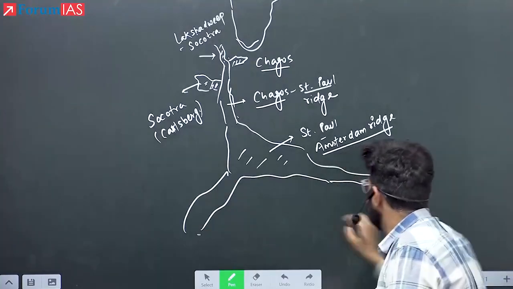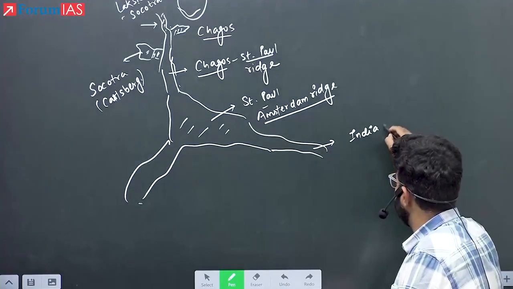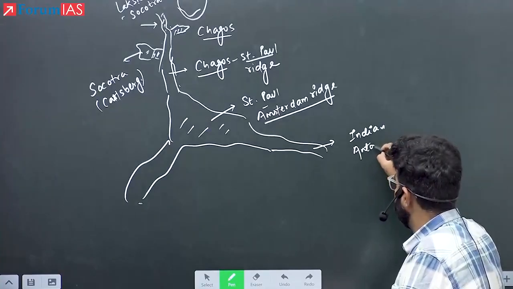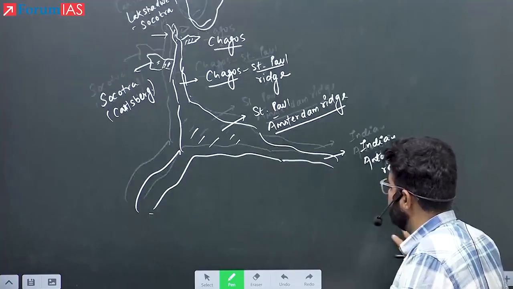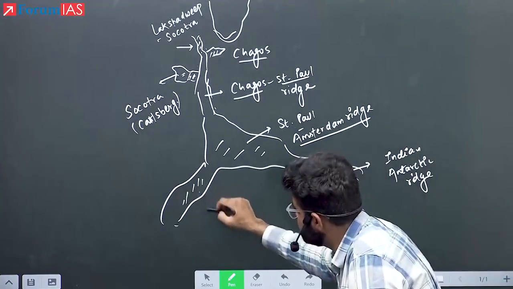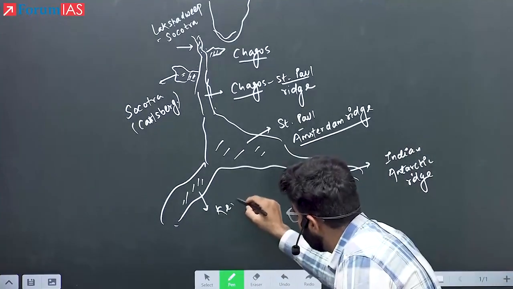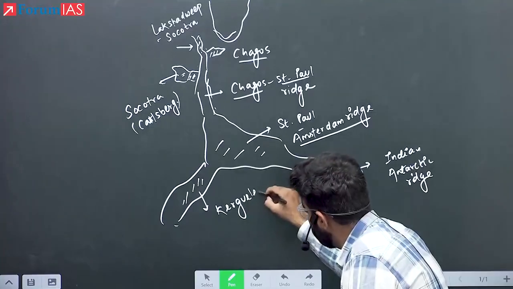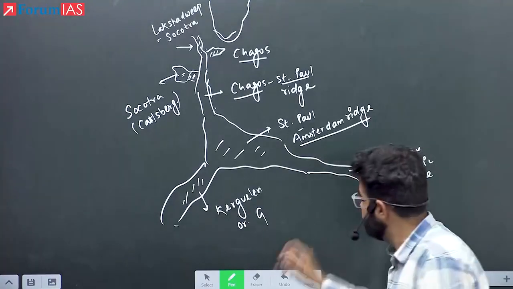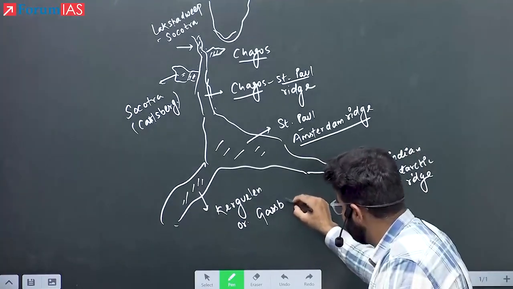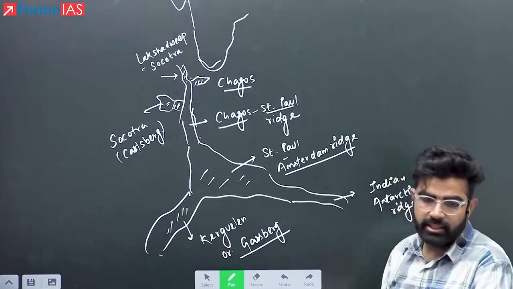One is here, this is known as the Indian Antarctic Ridge. And the second, this side, it is known as Kerguelen, or it is also known as Gaussberg Ridge. These are the ridges in the Indian Ocean.